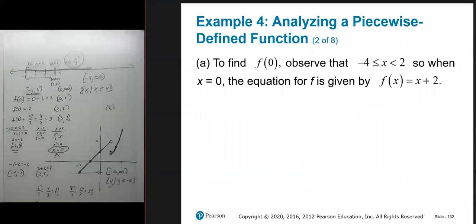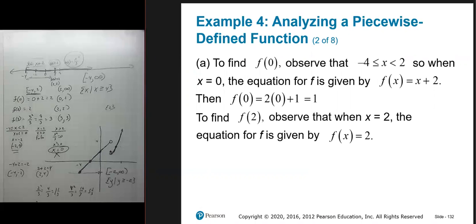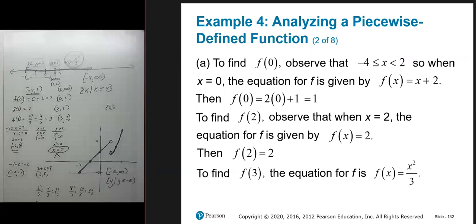And so here we go through their explanation of the thing. And so putting 0 in for x, and then putting 2 in for x, and then putting 3 in for x is using the appropriate function for that particular portion of the domain. And continue on through.